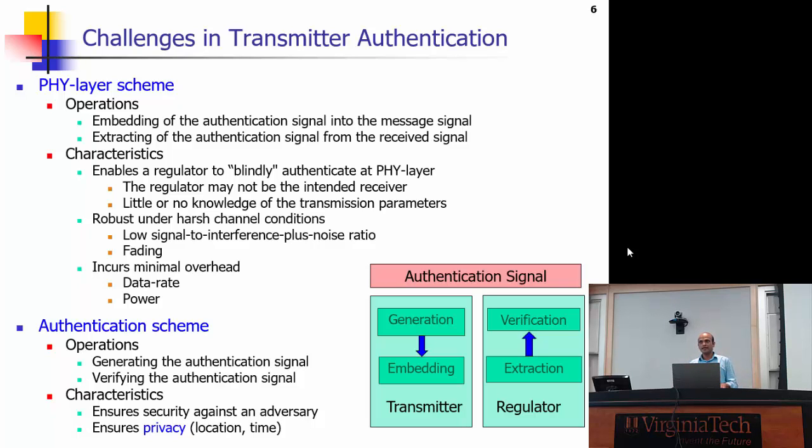So what we need to see here is a few things that are the requirements of a dynamic spectrum access scenario: the regulator will not be the intended receiver. So consider this scenario that there is a network of secondary users, they are communicating among themselves, but the FCC has put some sensors around.